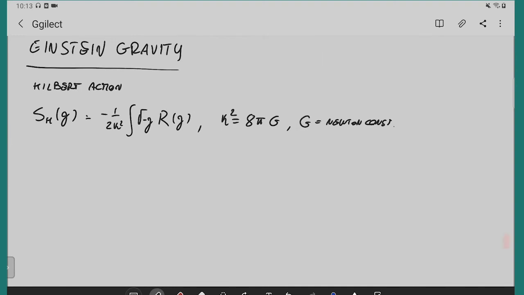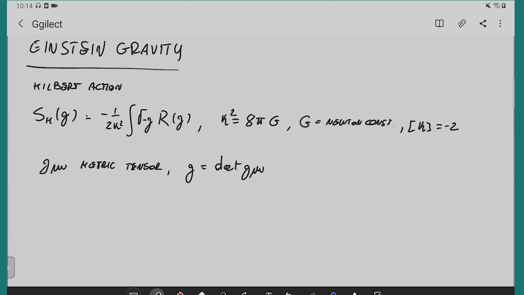And so this coupling K has dimension -2. G is the metric. G is the determinant of the metric.